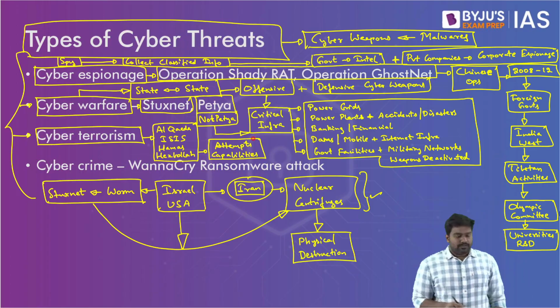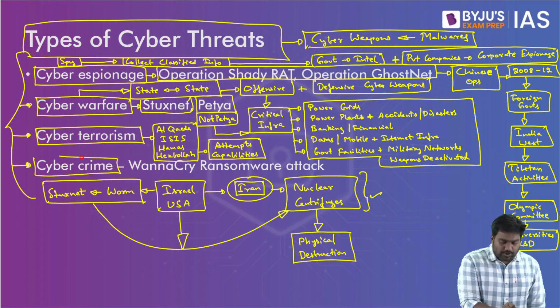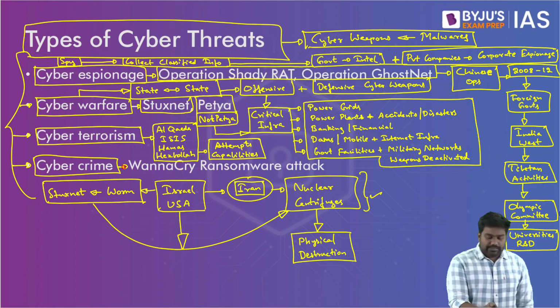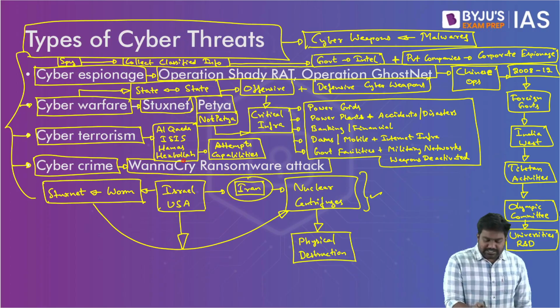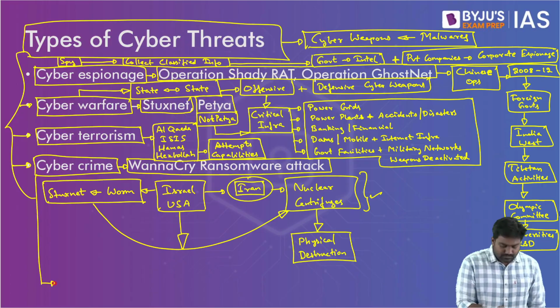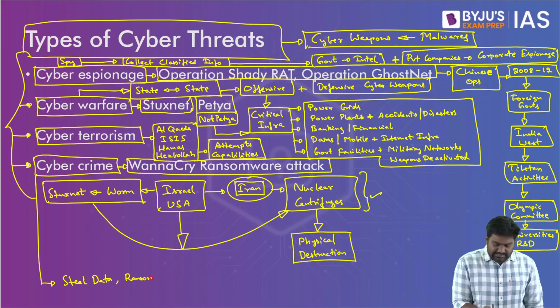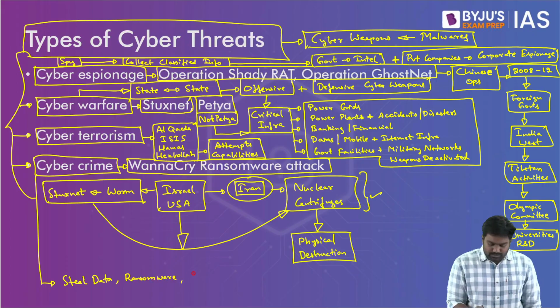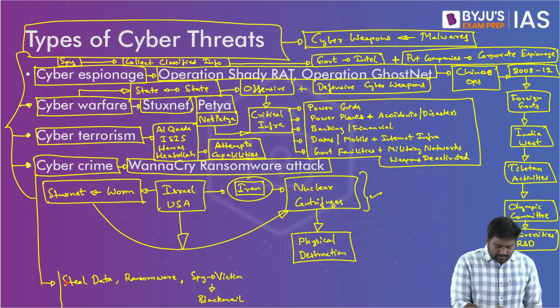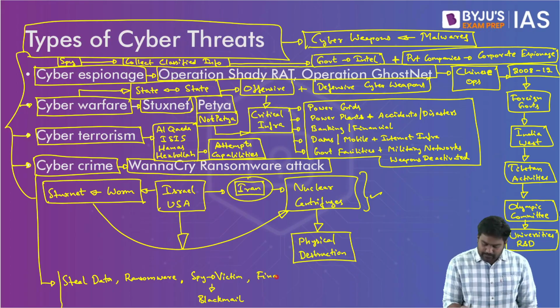Is that clear? Then finally, cyber weapons are used for your regular cyber crimes, such as ransomware attacks, to steal data, to extract ransom, or to spy on the victim, that is, observe the victim and later to blackmail the victim, or directly to commit financial fraud, to steal money from the victim.